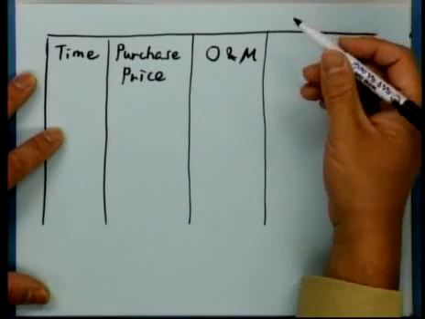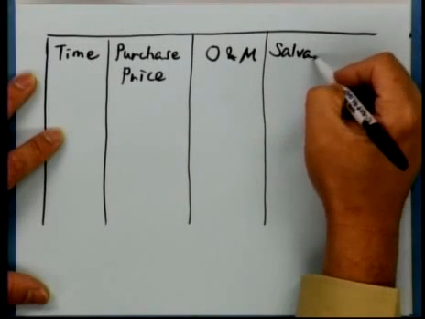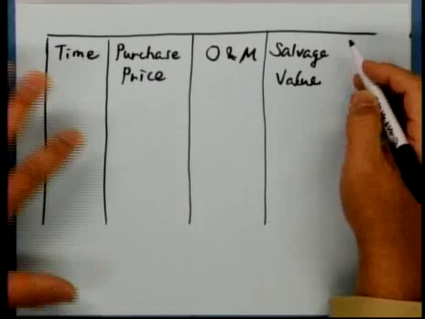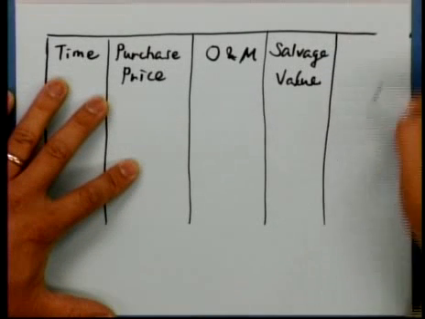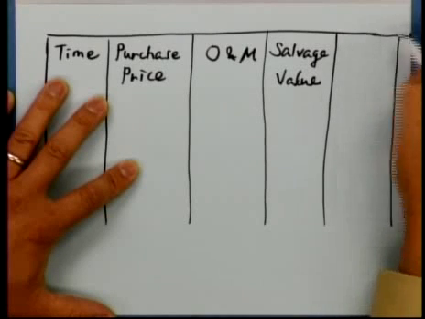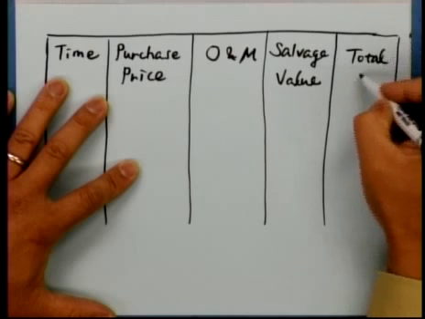The next one is the service value. The very next column is the total cost.